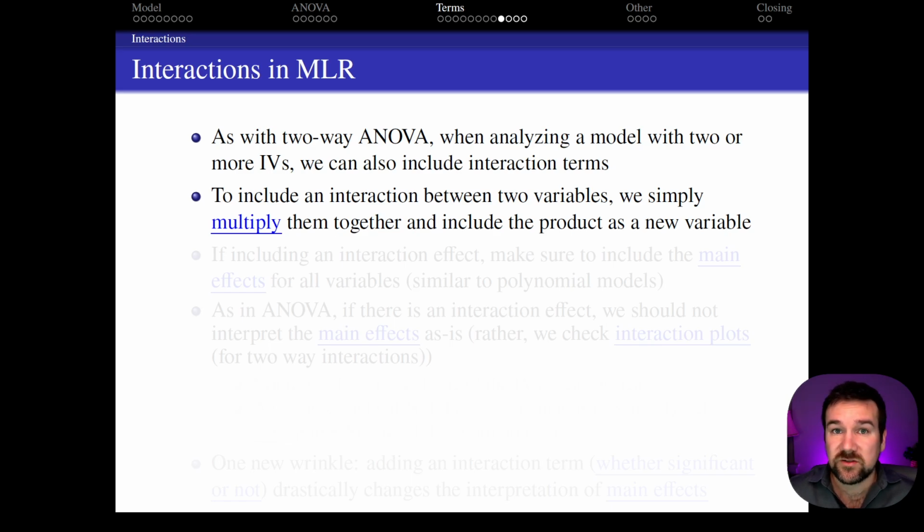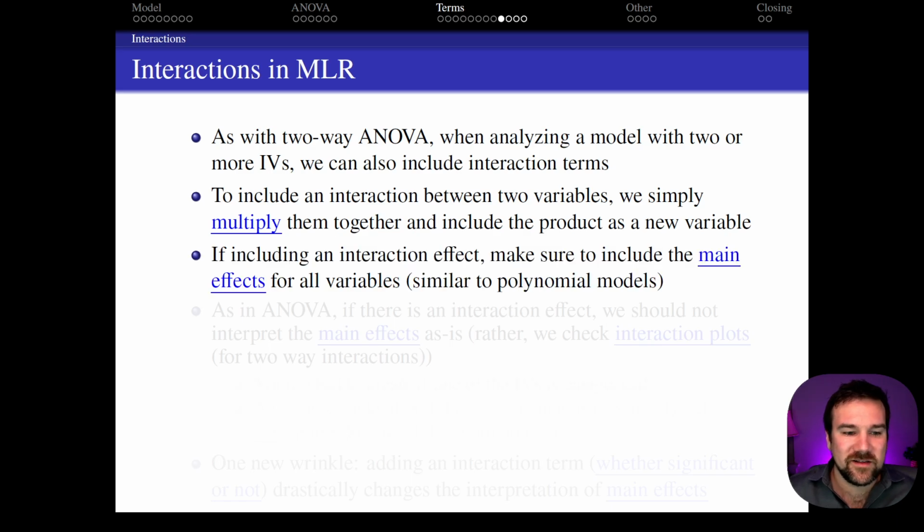To include the interaction term with two continuous variables, or even with a dummy coded variable and a continuous variable, we multiply them together literally, and then we include that product as the new variable to drop into the model. Then we calculate its parameter estimate, the beta for it, and the test of that beta is the test of the interaction term. So we literally multiply variables together and include that product as a new variable.